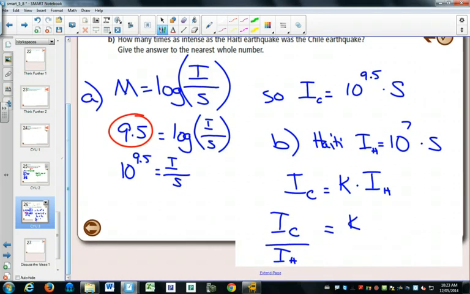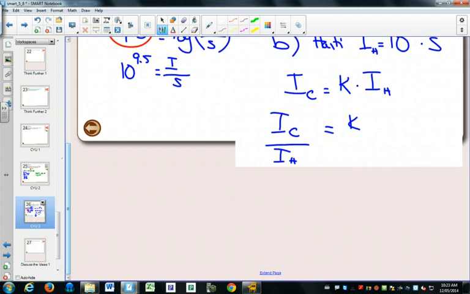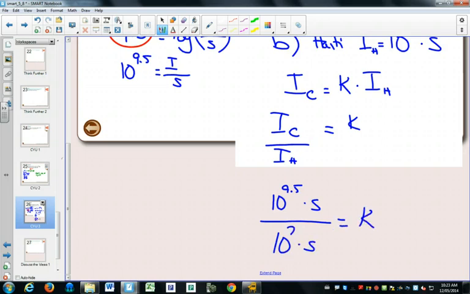Now, if we write out what they were with the formulas, you figured out the intensity of Chile was 10 to the 9.5 times the standard one. And the intensity of Haiti was 10 to the 7 times the standard one. And it doesn't matter what your standard one is, because those would cancel out. And this will always happen.